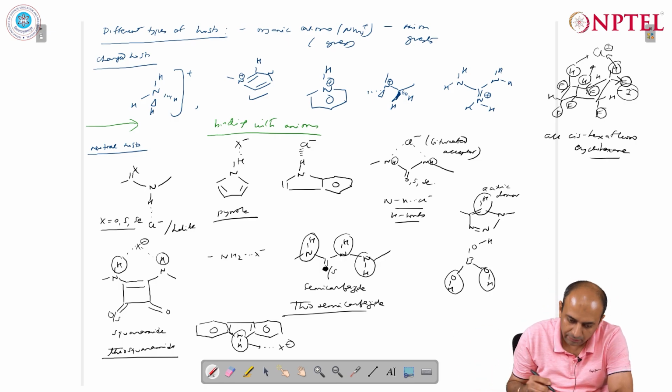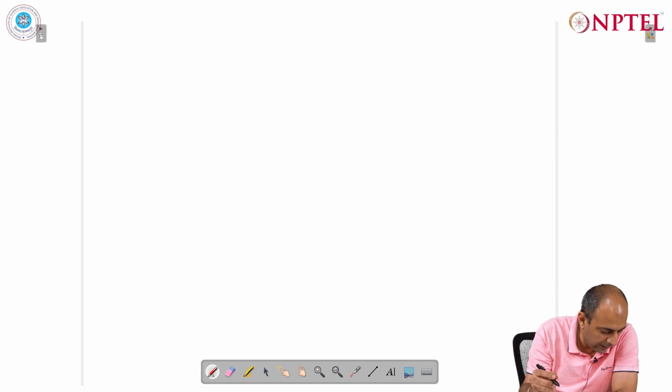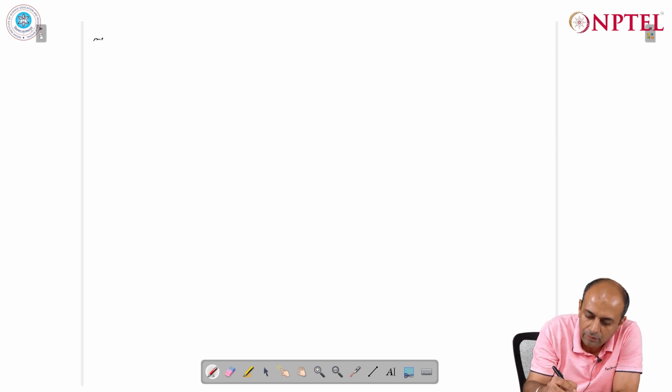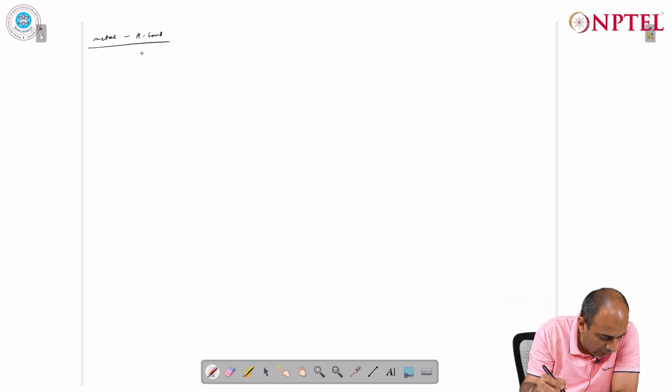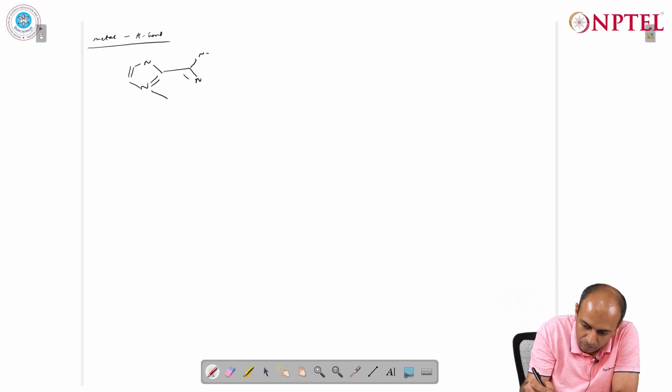And we can activate the substrate further, where we put a metal which can give metal activated hydrogen bonds. For example, we can take a system where we have a metal.